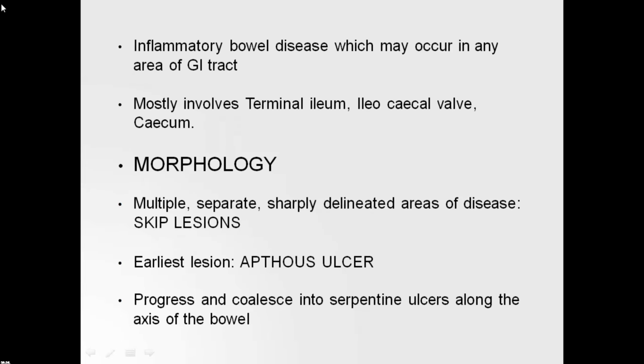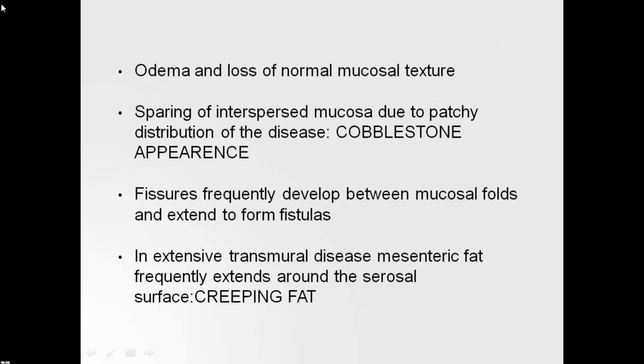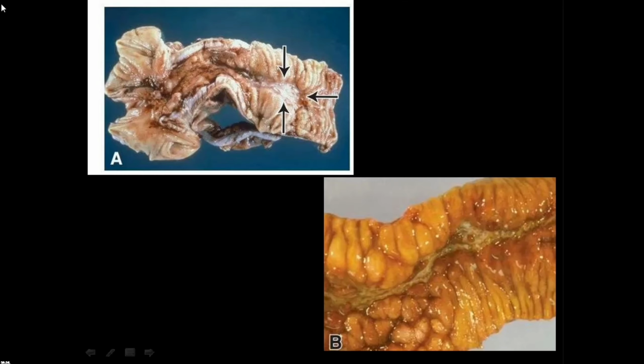In Crohn's disease, an inflammatory bowel disease, morphologically you will find multiple separate sharply delineated areas of lesions. The earliest lesion is an aphthous ulcer, which progresses and coalesces into serpentine ulcers along the bowel axis. There is edema and loss of normal texture, with a cobblestone appearance and creeping fat.